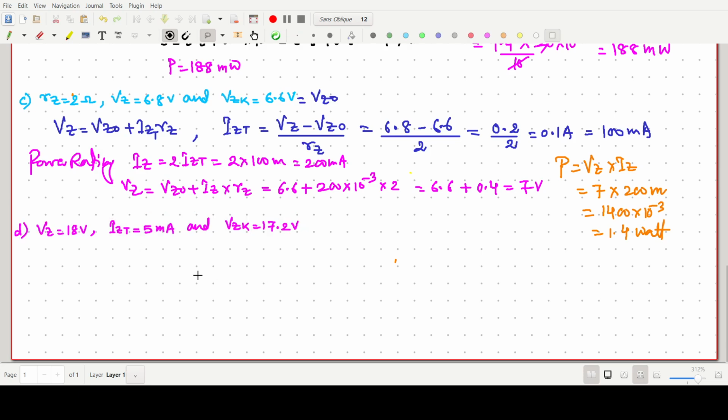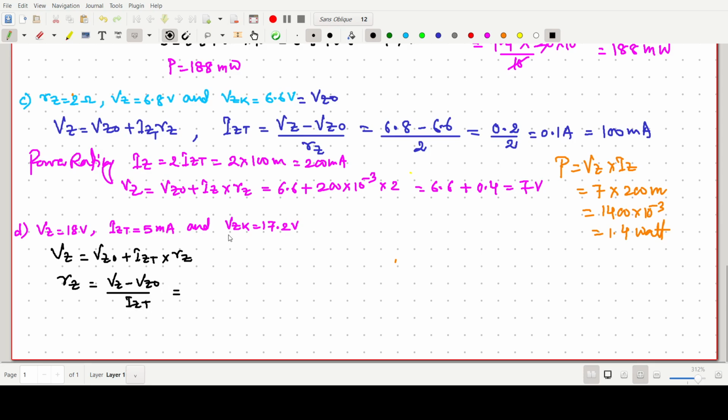Again, a very similar kind of thing. The missing parameter is Rz. So again write Vz equals Vz naught plus Izt into Rz, so Rz equals Vz minus Vz naught by Izt.